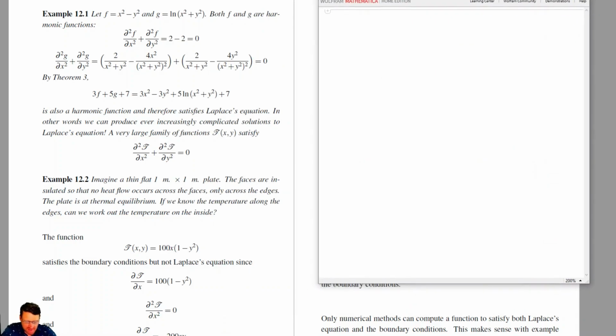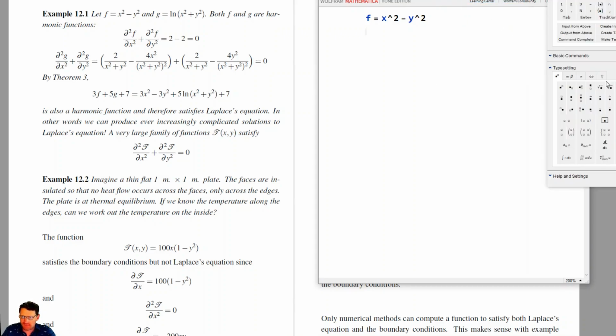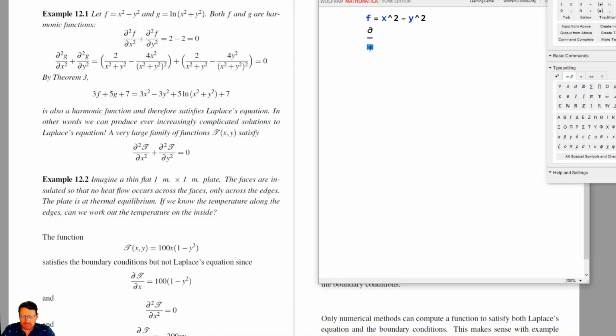Alright, so if I have f equal to x squared minus y squared, and I take a partial derivative, the partial derivative with respect to x of f is, now we're treating all other variables other than x as if they are constants.